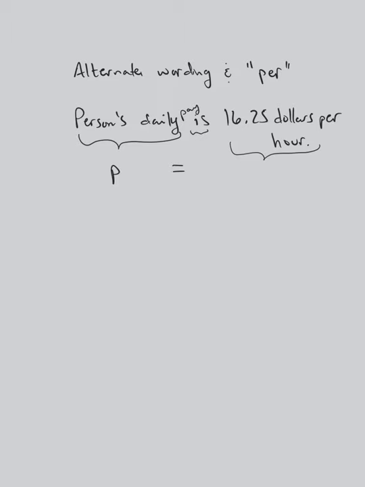All right. So if you think about that, if they worked 1 hour, they would get 16.25, right? And then when they worked the next hour, they would get another 16.25. And then let's say they worked 3 hours that day, they would earn another 16.25. Okay? And so what did I do? I just added the same number together 3 times. And so that would be 16.25 times 3 in this case. All right? Well, what is 3? 3 is the number of hours. So that's N. Okay? Like that.